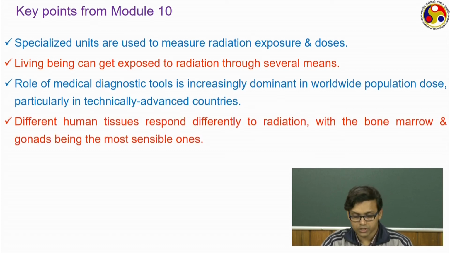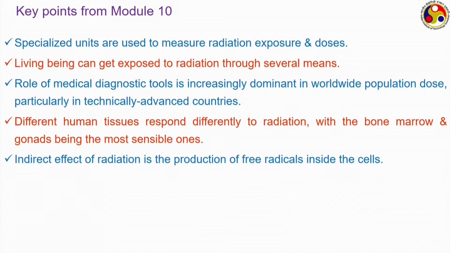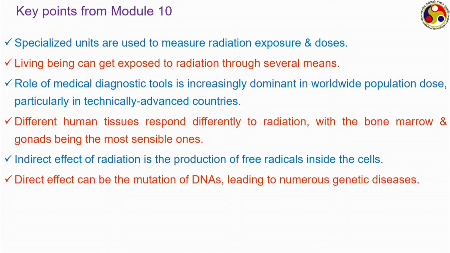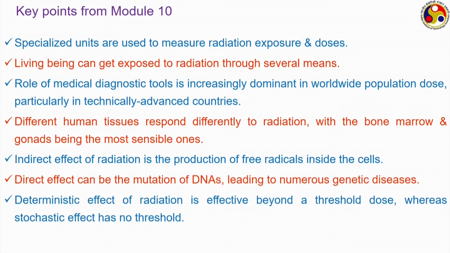Different human tissues respond differently to radiation, with the bone marrow and gonads being the most sensitive ones, and I should also mention the fetus. Indirect effect of radiation is the production of free radicals inside the cell and subsequent chemical effects. Direct effect can be the mutation of DNA leading to numerous genetic diseases.